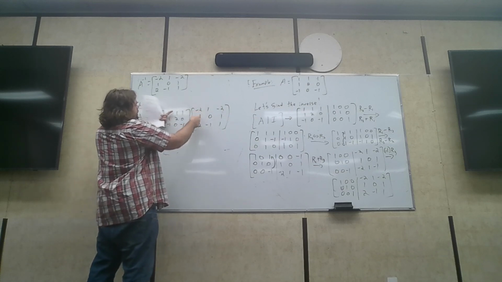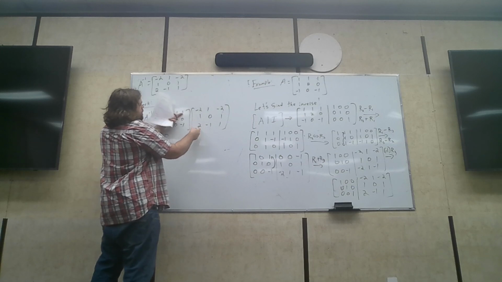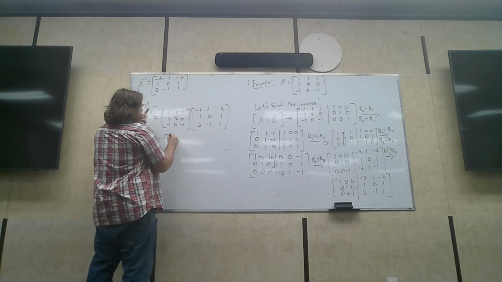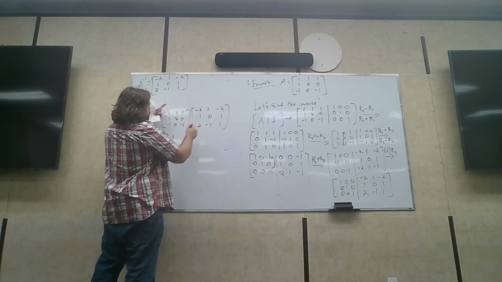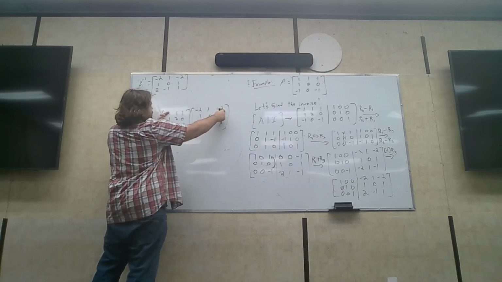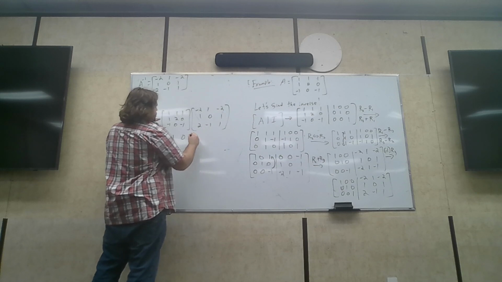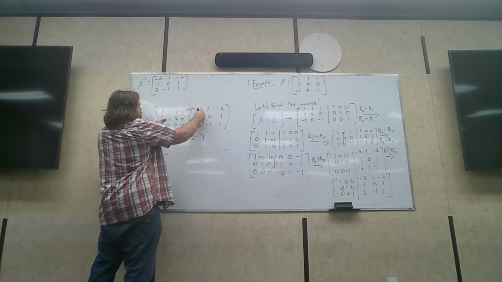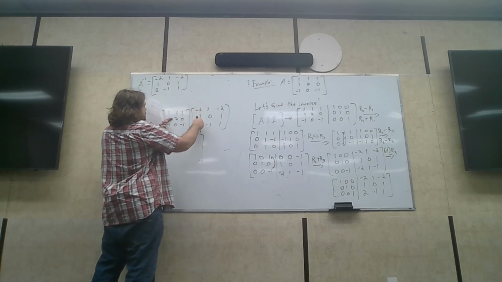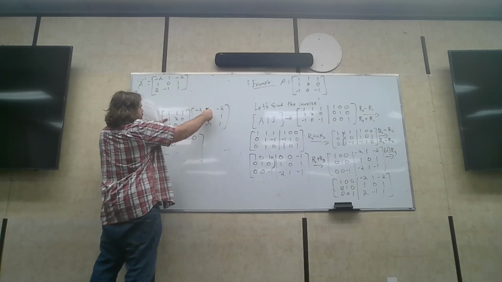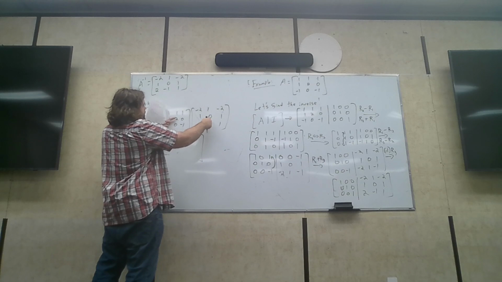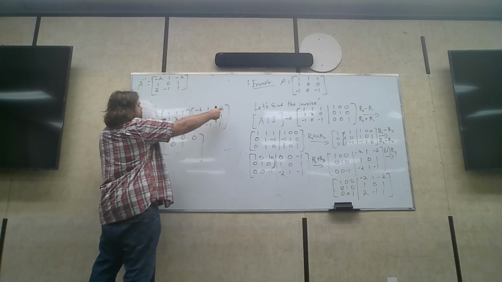Minus 2 plus 1 plus 2. So minus 2 plus 3 is 1. 1 plus 0 minus 1 is 0. Minus 2 plus 1 plus 1 is 0. Minus 2 plus 2 is 0, times 0 is 0. 1.